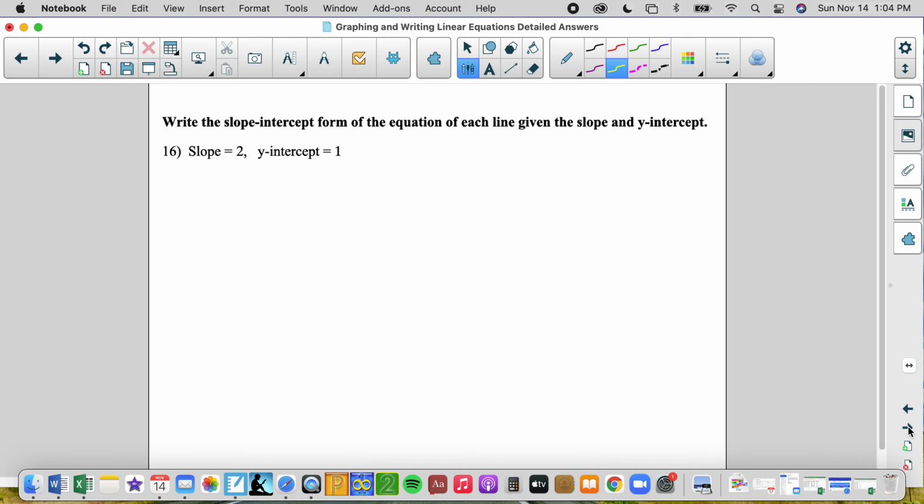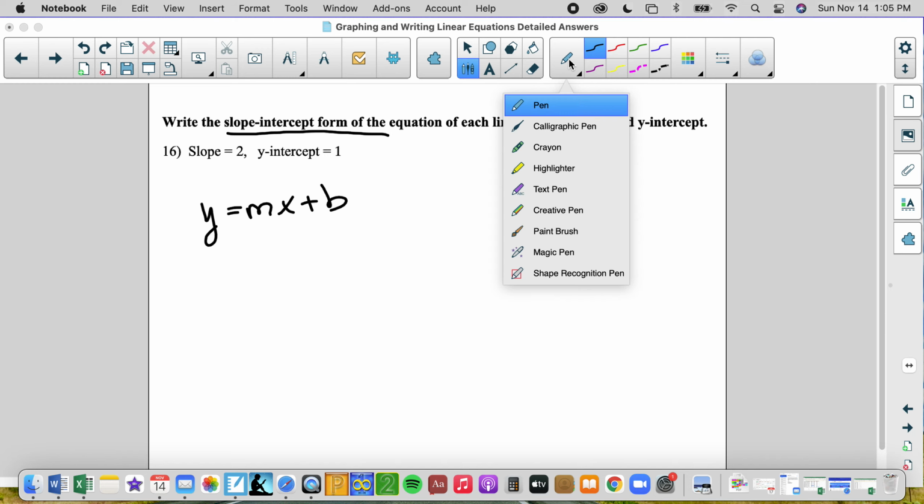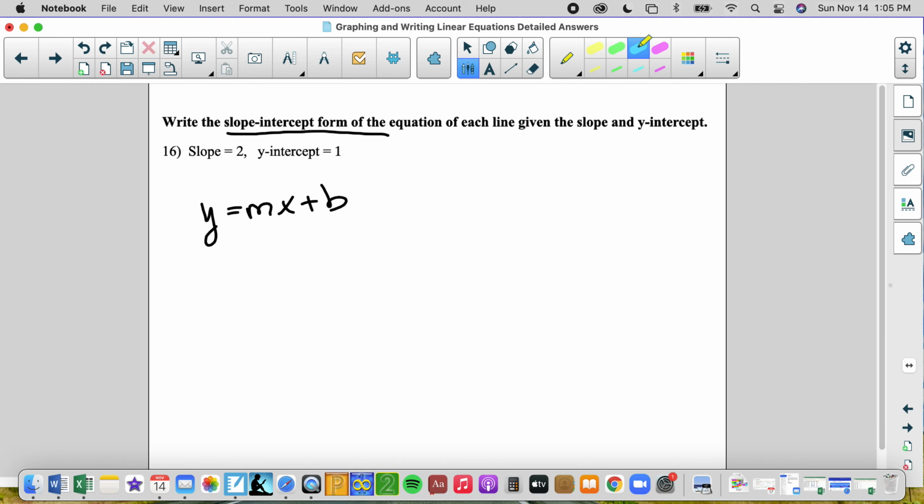Now we're going to write these equations in each form that it asks for. It asks for slope-intercept form, so I'm going to write the template. In order for it to be in slope-intercept form, I have to fill in the slope and the y-intercept.